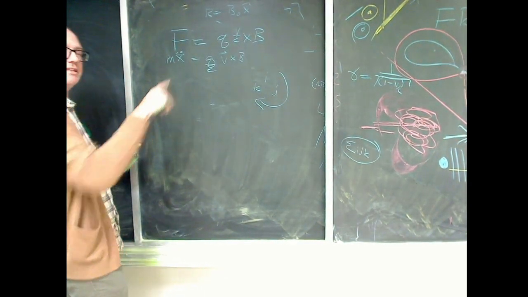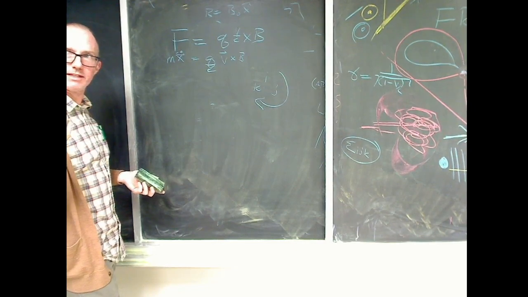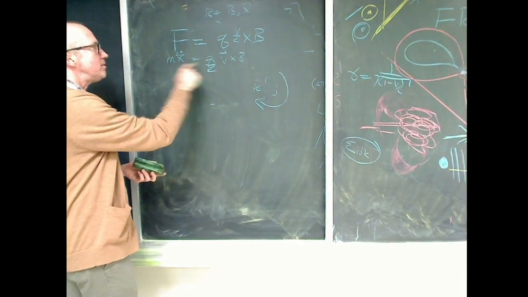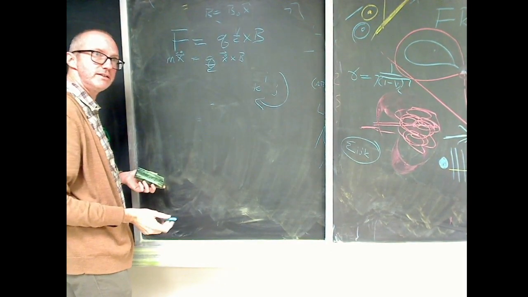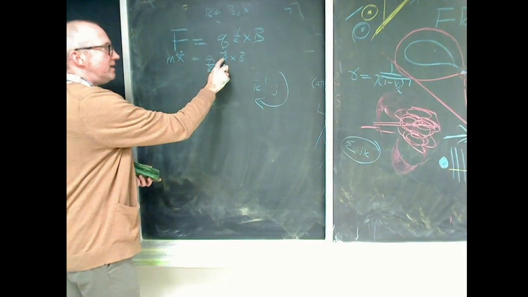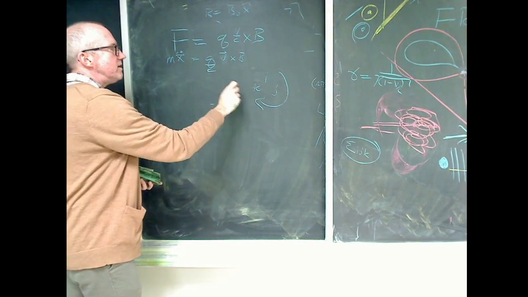So, back up here. Let's look at where the cyclotron frequency comes from. I've got x double dot, and x dot, that's a vector. Let's actually call it v because it's easier.